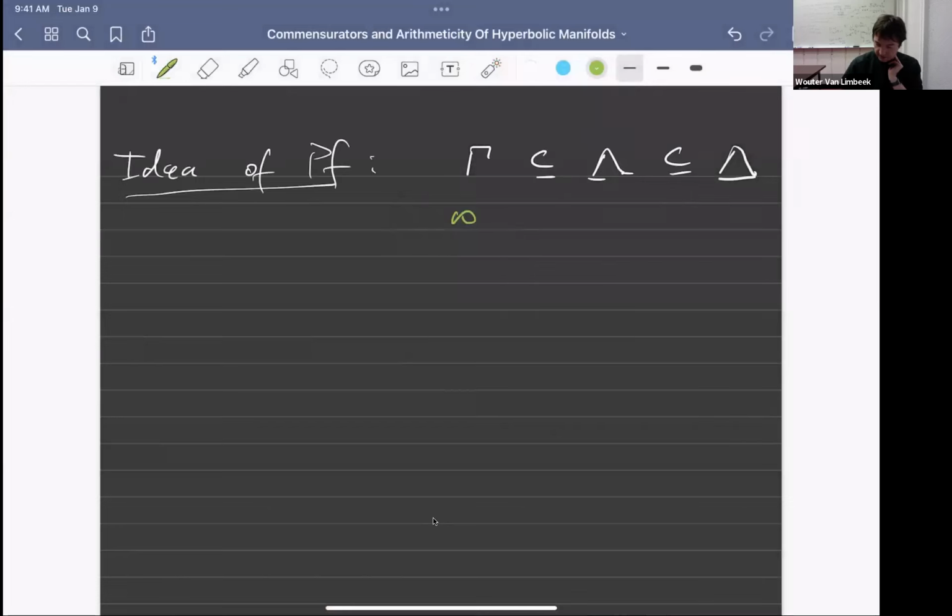About lambda, we know that it's a lattice. And delta, we know, is actually dense. And also, this first inclusion is a normal subgroup. This is what we know. And also, delta commensurates gamma.